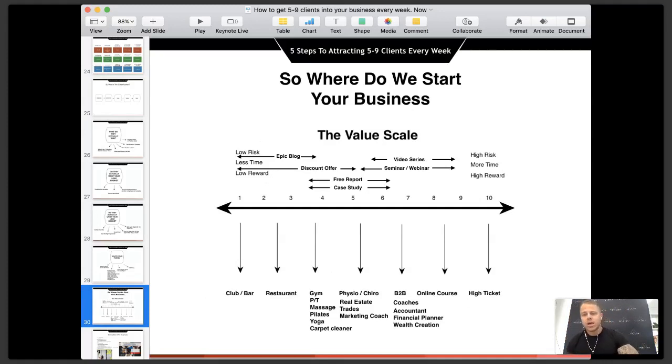So with retail on the scale, it depends on if you're selling higher end or lower end retail. With lower end, you're marketing a blog post. One of our clients, for example, does party planning. She's marketing a blog post, the Epic Blog, for mums with kids around Australia aged 2 to 4.